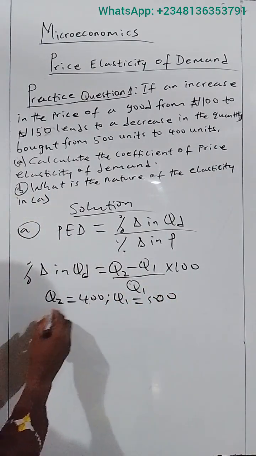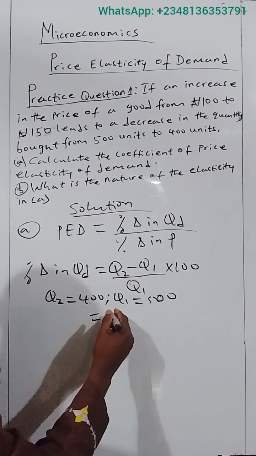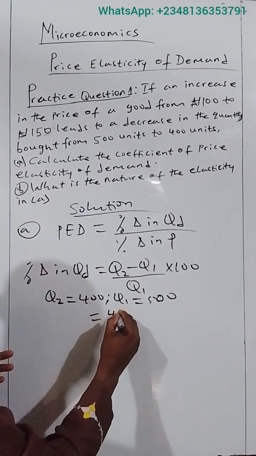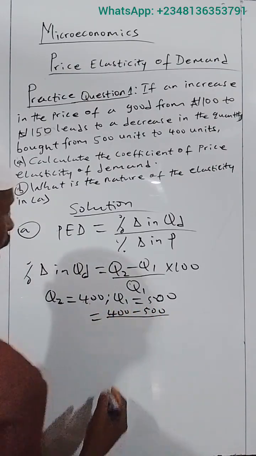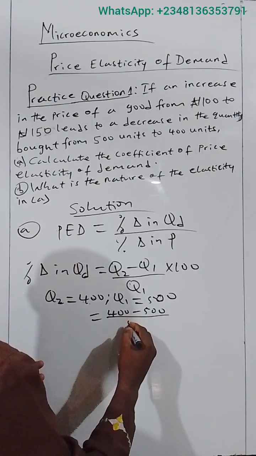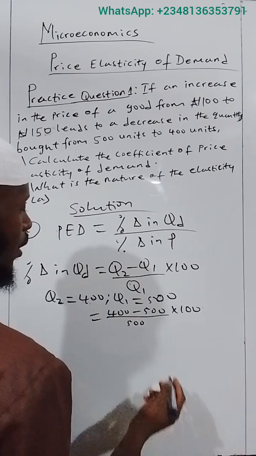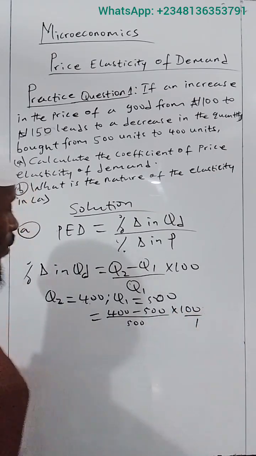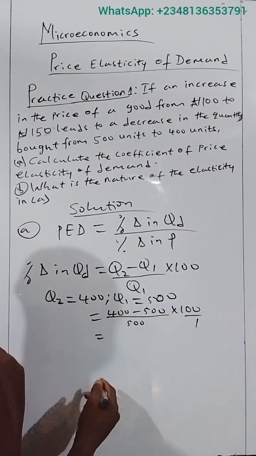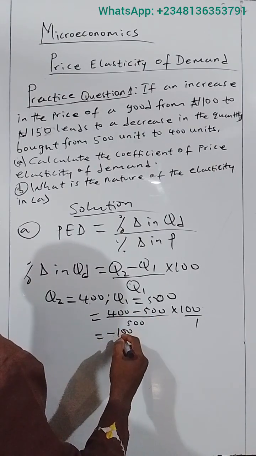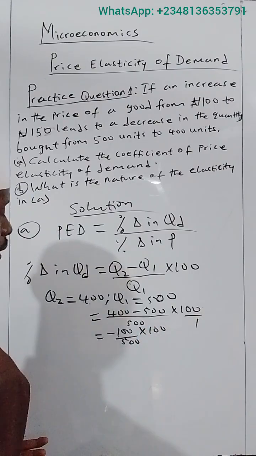Now we are good to go. The percentage change in quantity demanded will be Q2, which is 400, minus Q1, which is 500, divided by Q1, which is 500, then multiplied by 100. If I simplify this further, 400 minus 500 gives minus 100, then divided by 500, then multiplied by 100.